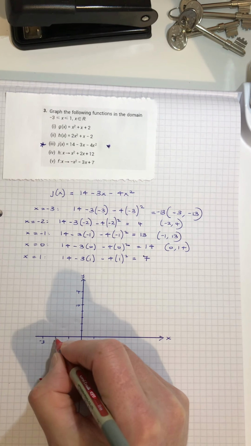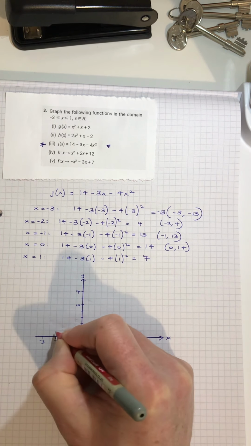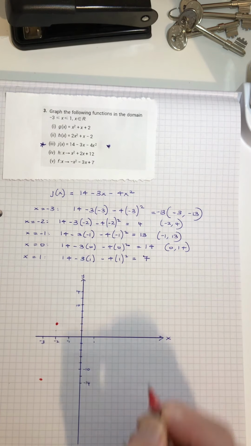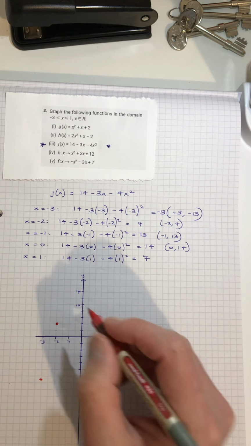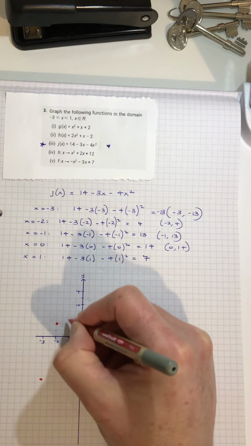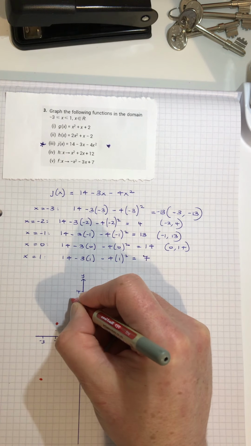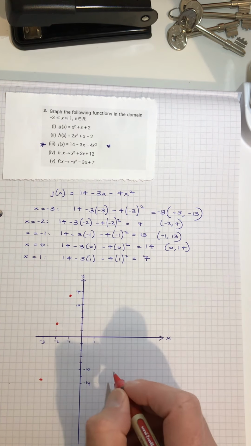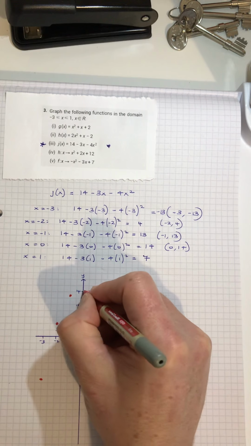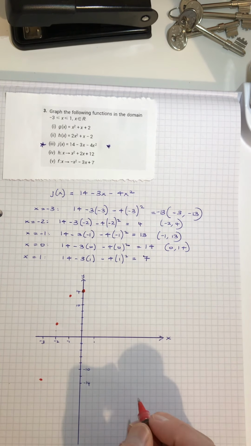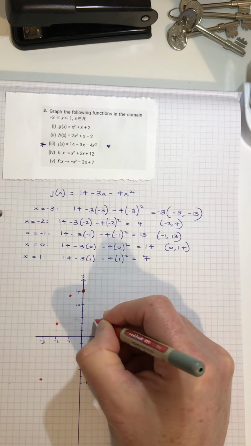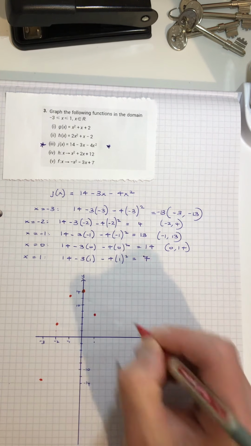Minus 2 goes up as far as 4, so minus 2, 4. Minus 1 goes up to plus 13, 10, 12, 13. 0 goes up to 14. And 1 goes up as far as 6, 7.